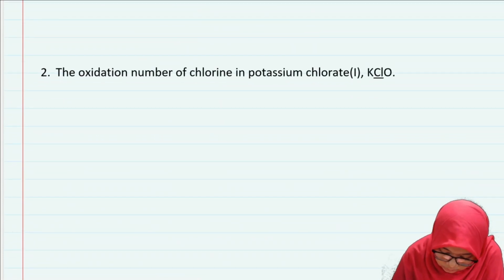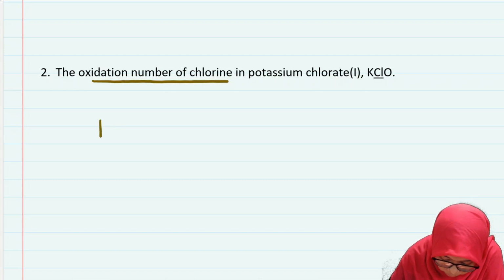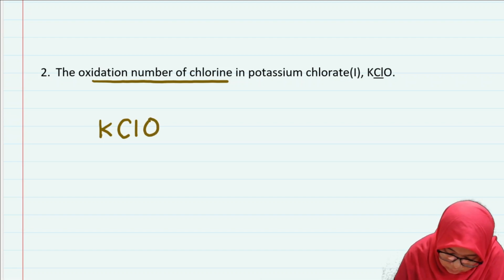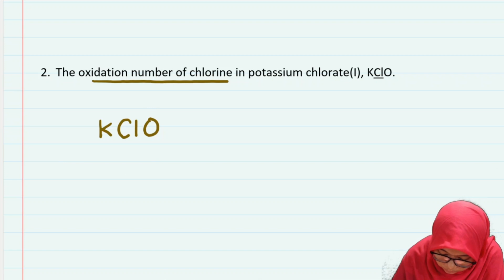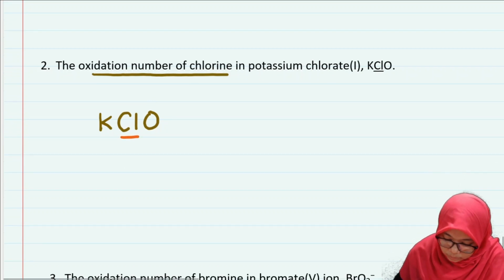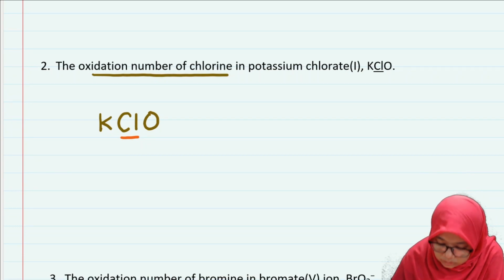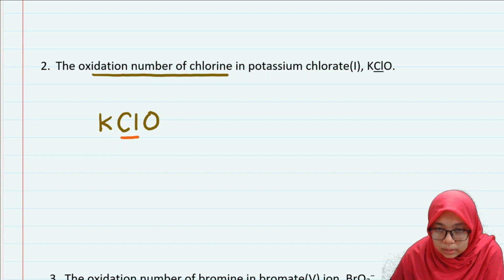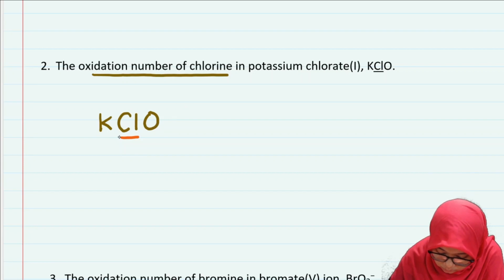Look at the second example. Now we are going to calculate the oxidation number of chlorine in potassium chlorate. This is the formula of potassium chlorate, KClO3. We want to search for the oxidation number of chlorine. Using the previous rule, the total oxidation number of elements in a compound equals 0.